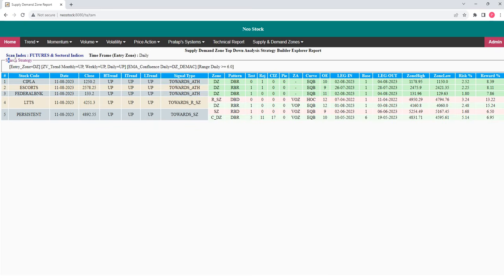Now look into your search strategy. Your entry zone is demand zone. Your zone violation trend monthly up, weekly up, and daily up. And for EMA confluence in the daily time frame, your demand zone should have daily EMA confluence. And your range for daily zone should be more than 6%.